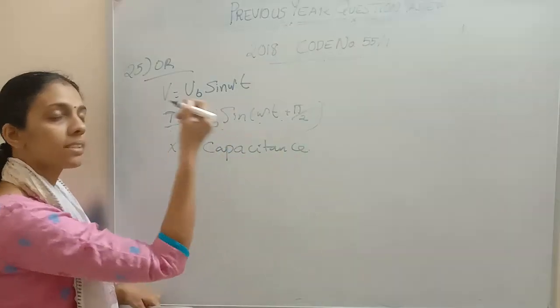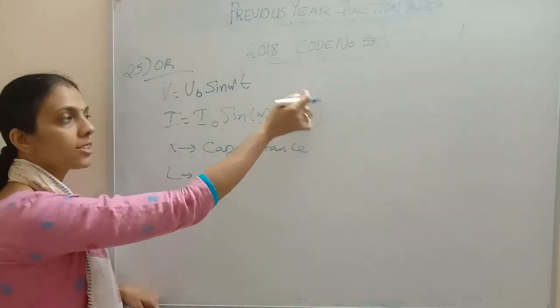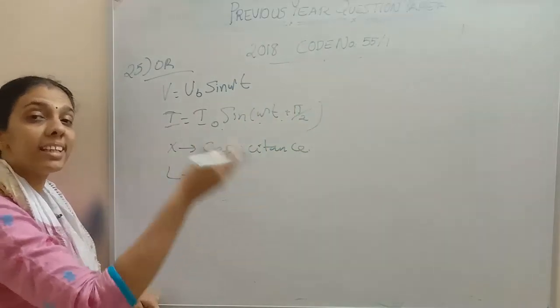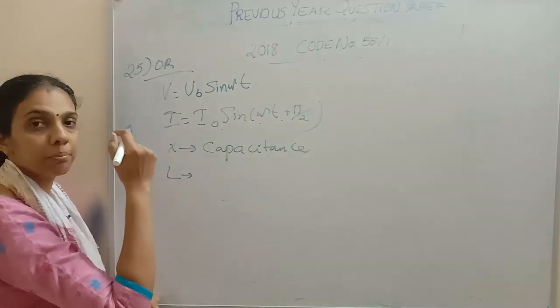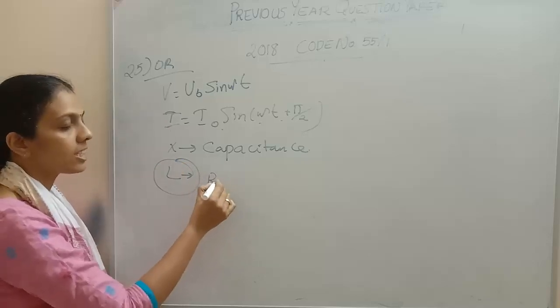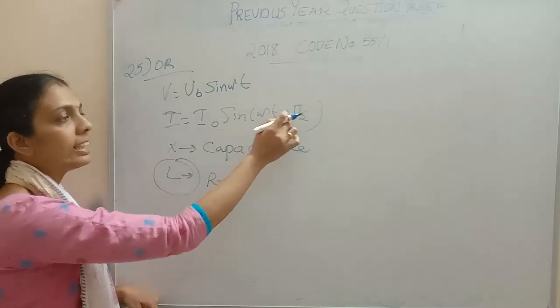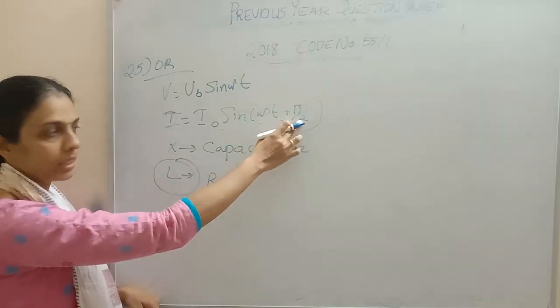If it is an inductor, there will be a phase difference where the current lags, sin(omega t minus pi by 2), and for a resistance there is no phase change.